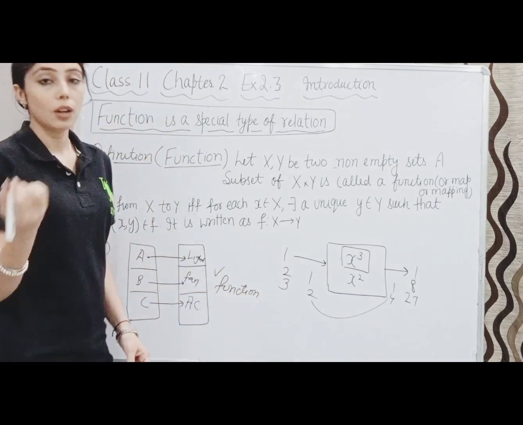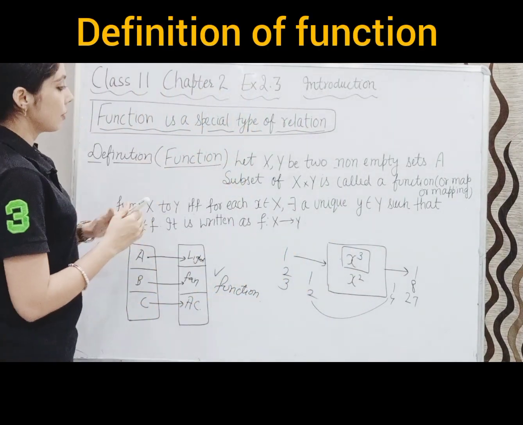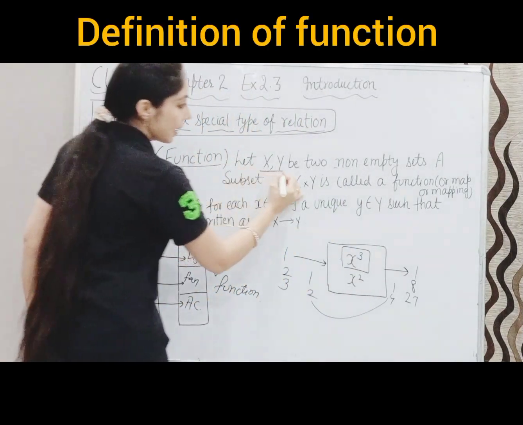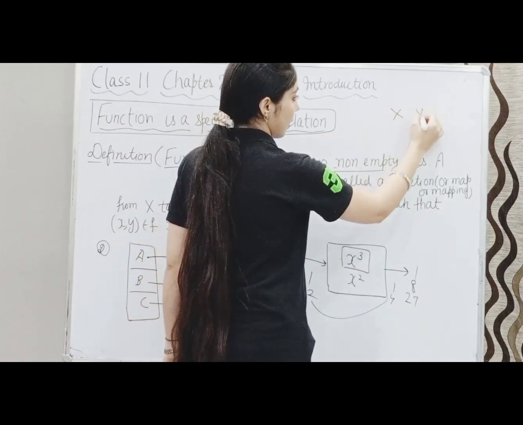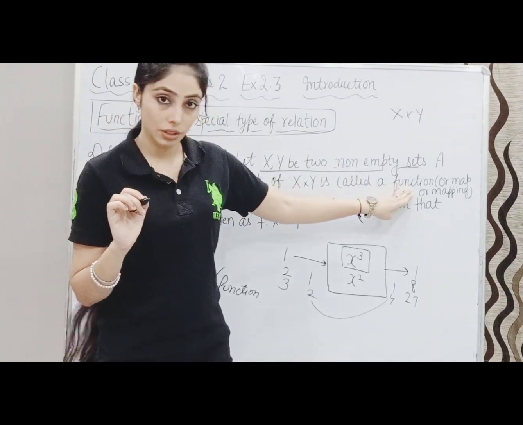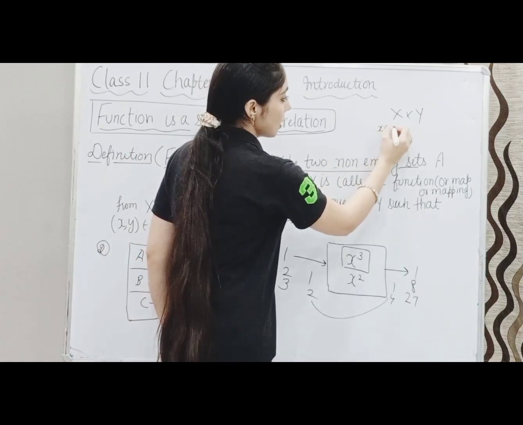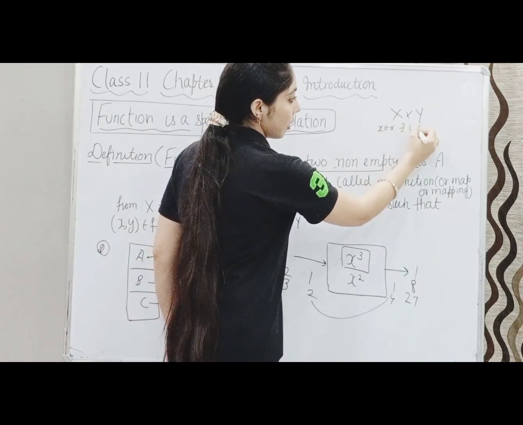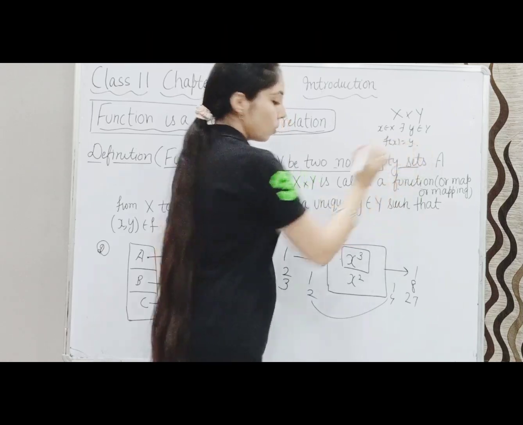Now we will discuss the definition. What is the definition of a function? Let X and Y be two non-empty sets. A subset of X cross Y is called a function if for every x belongs to X, there exists y belongs to Y such that f(x) is equal to y.